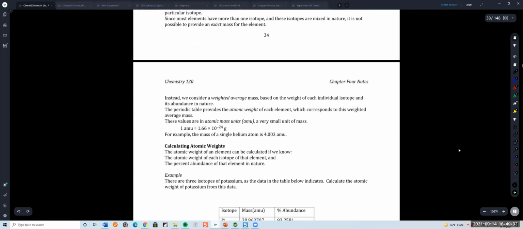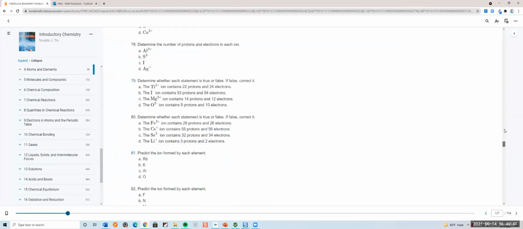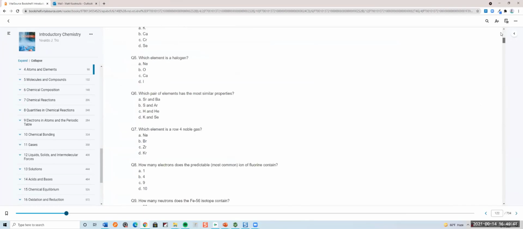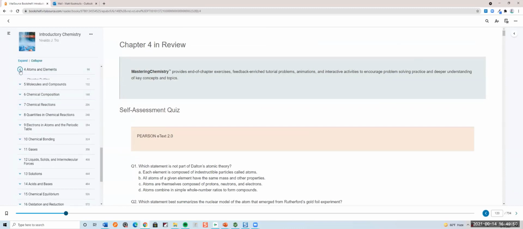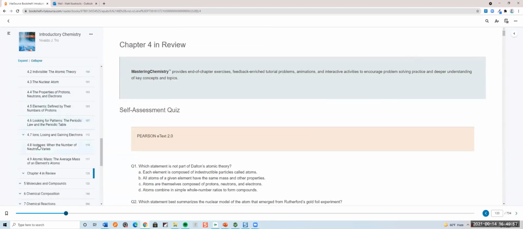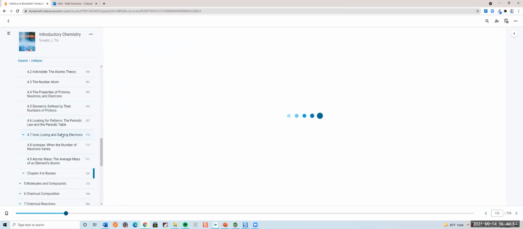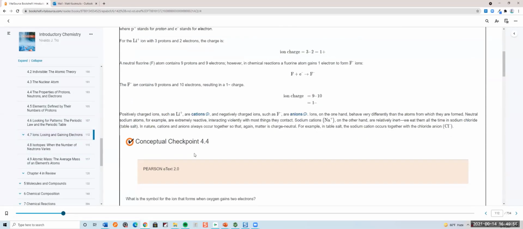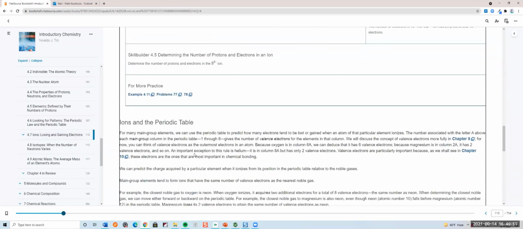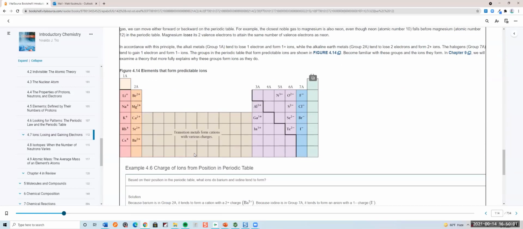Now, the book also discusses something which is rather important, but I'm going to delay going into it. In chapter 4, there is figure 4.14.